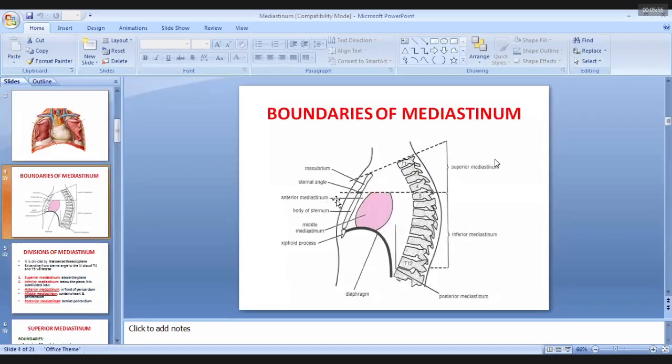This plane is also simply known as the horizontal or transverse plane. Above this plane, the part of the mediastinum is known as the superior mediastinum. Below this plane, the subdivision is known as the inferior mediastinum.